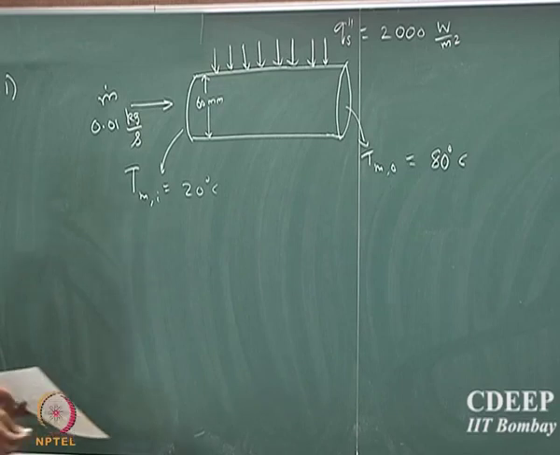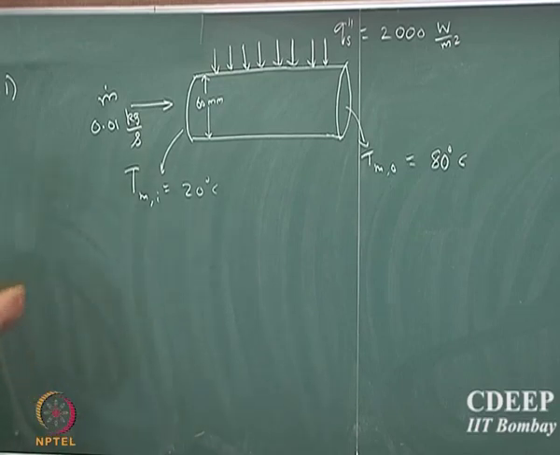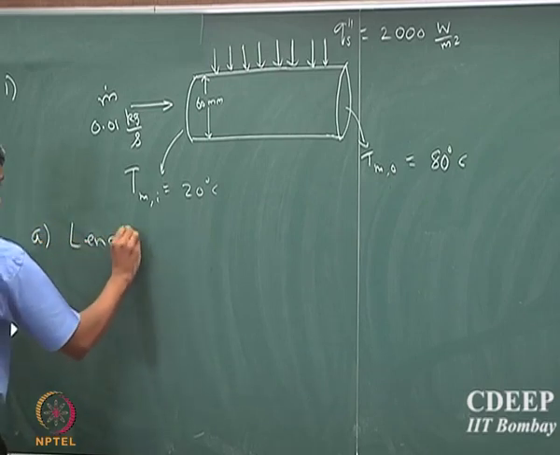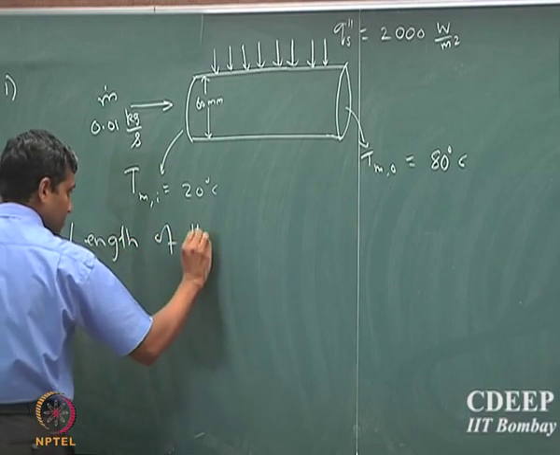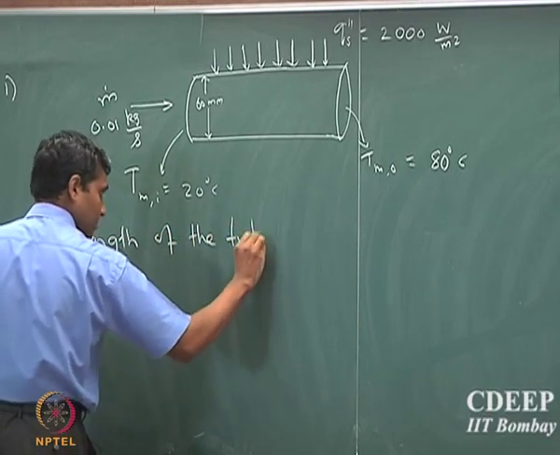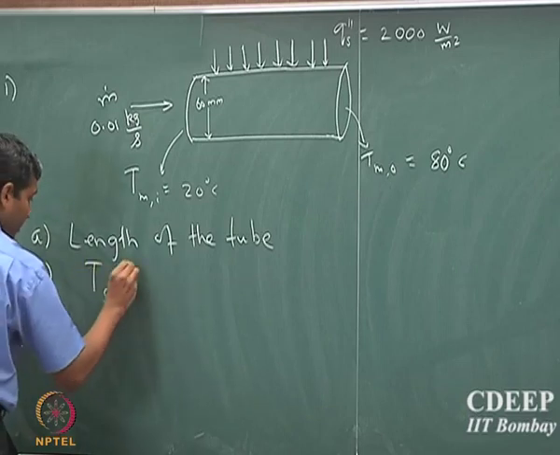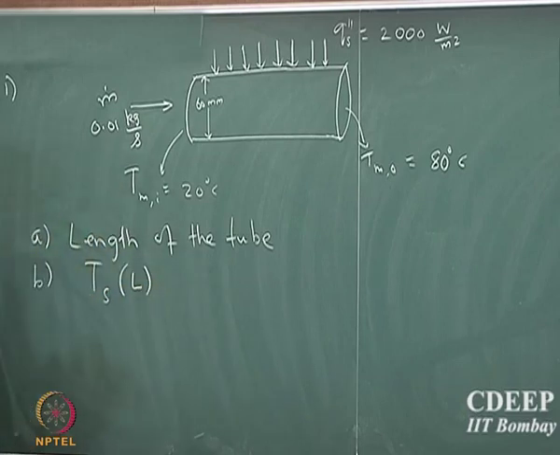It maintains a constant flux of 2000 watt per meter square. So the question is, what is the length of the tube? And the second question is, what's the surface temperature at L?